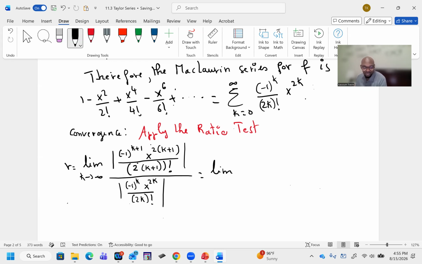If you have a fraction divided by a fraction, you take the numerator. So what I will do is I will have negative 1 to the power of k plus 1, right?